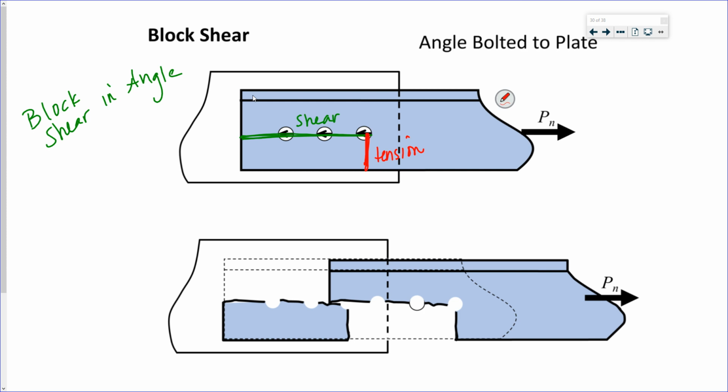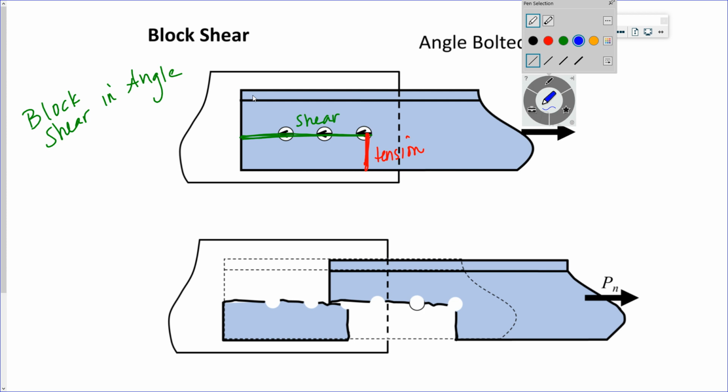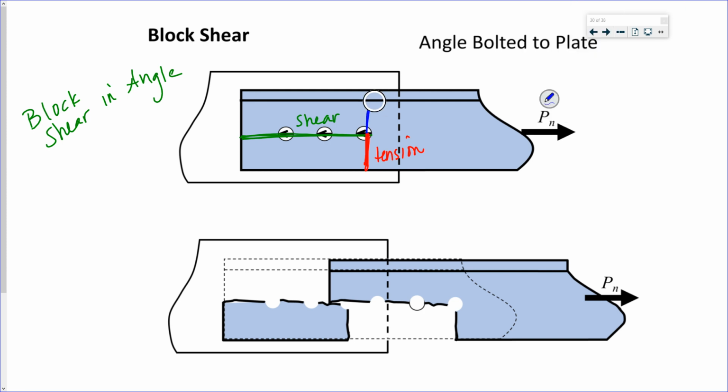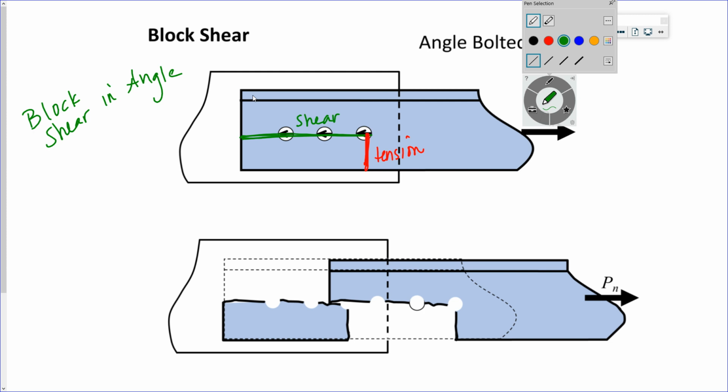As opposed to pure tensile rupture, which would happen along that cross section, that entire effective cross section. So the angle leaves this little chunk behind.